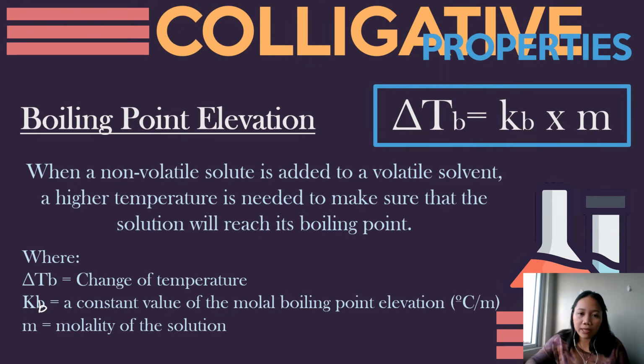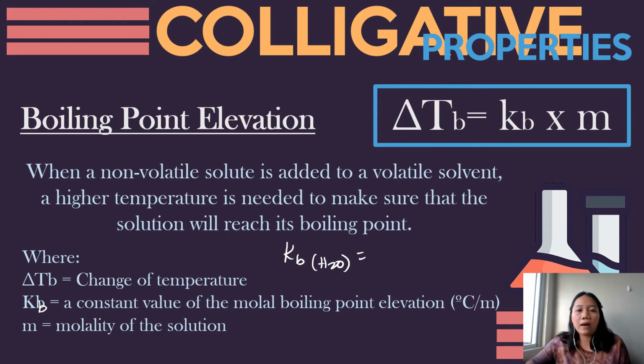The K sub B value of your water, this is constant. Most likely in some of the problems that I encountered in colligative properties, kapag hindi naman siya tubig, like for example, the solution na ginamit could be like any alcohol, ethanol, methanol, binibigay naman nila si K sub B value. So, you don't have to memorize.